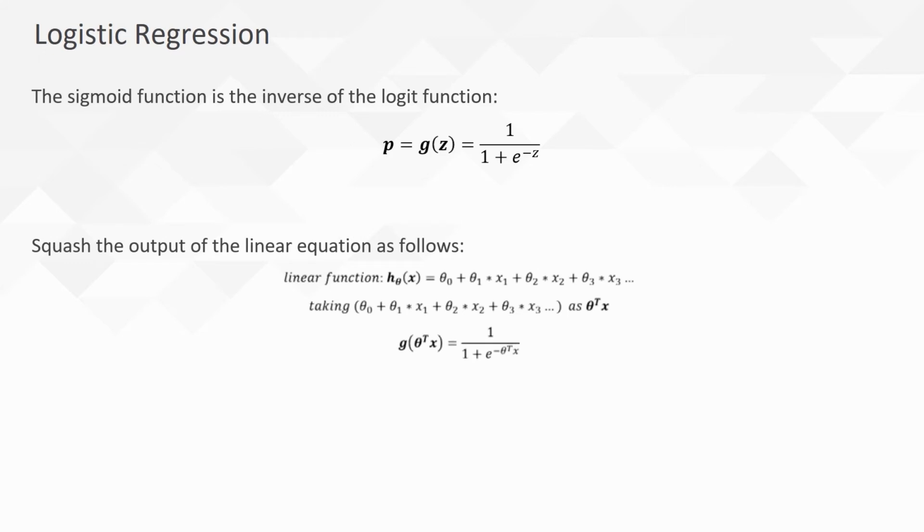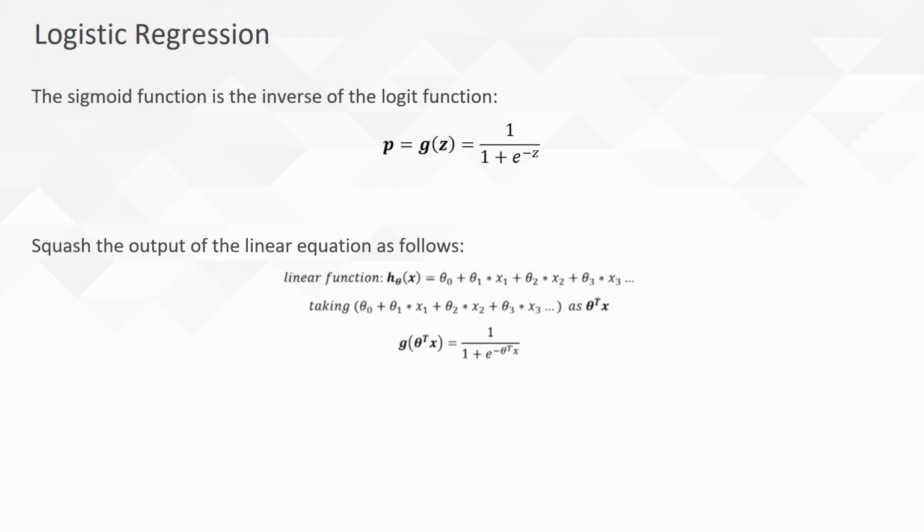The sigmoid function is the inverse of the logit function. Squash the output of the linear equation as follows. Squashing output of linear equation using sigmoid. Here, we take the output of h theta x and give it to the function, which returns the squashed output in the range of 0 to 1.